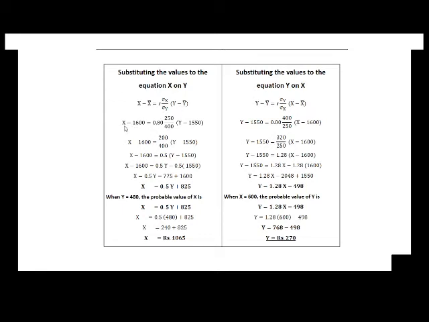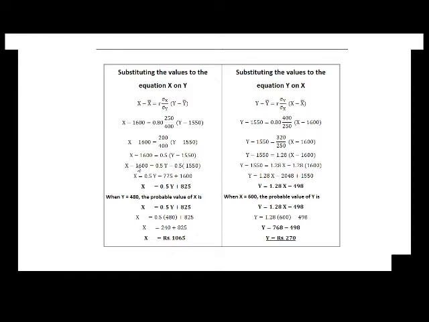Putting the values, x minus 1600 is equal to 0.80 into standard deviation of x, 250, divided by standard deviation of y series, 400, into y minus y bar, 1550. X minus 1600 is equal to 200 divided by 400, y minus 1550. X minus 1600 is equal to 0.5, y minus 1550.